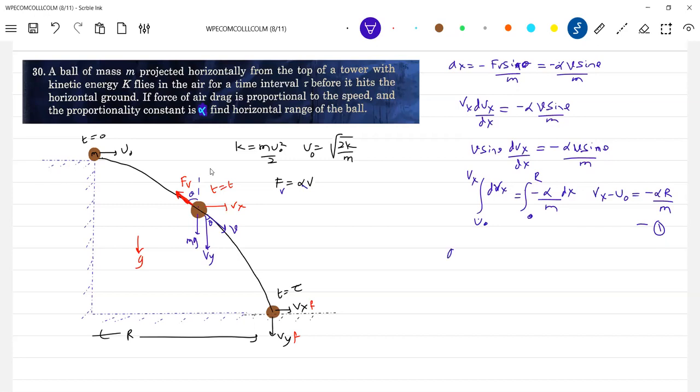The same ax can also be written as dvx by dt, because we know the time of flight, no? So this will be dvx, v sine theta, which you can write as vx. So dvx by dt equals minus alpha by m into vx.